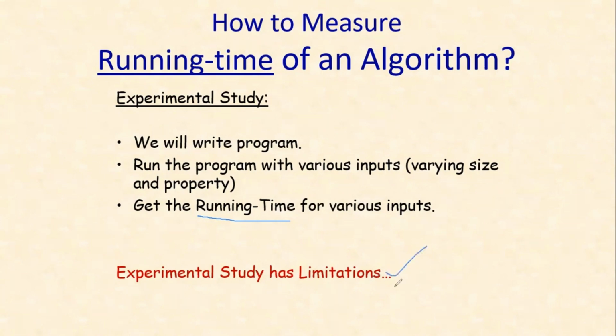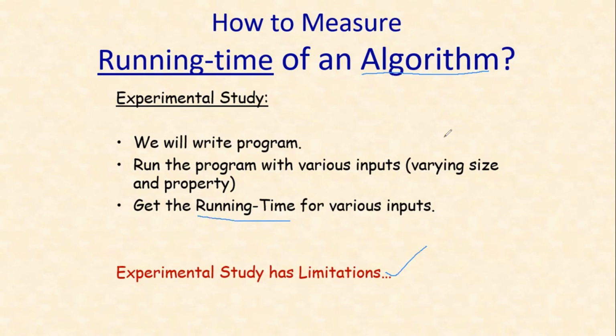What are the limitations? We are calculating the running time of an algorithm only to decide whether to opt for that algorithm for the given problem statement or not. For the implementation, there would be an implementation cost, so we have to decide first whether to go ahead with this algorithm.